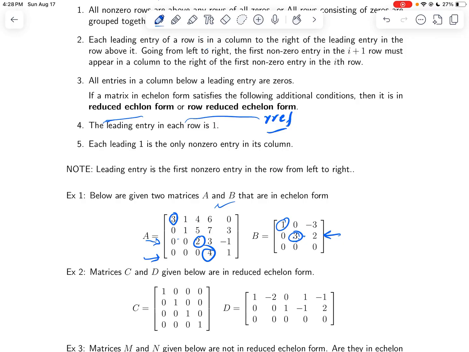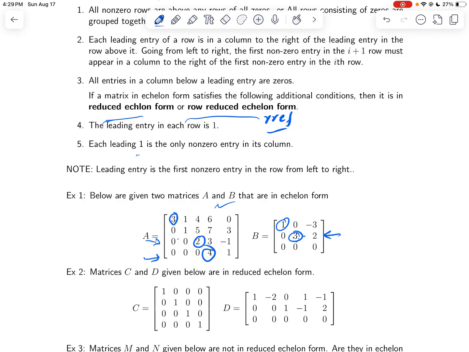And then the last condition is that each leading one is the only non-zero entry in its column. Previously we said all the entries below a leading one, or below the first non-zero entry, must be 0, and we didn't put any condition on the entries above the leading entry.